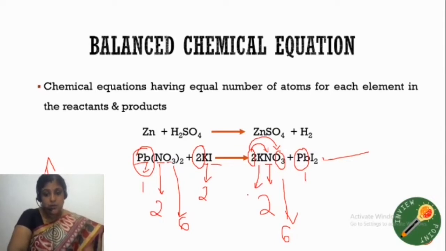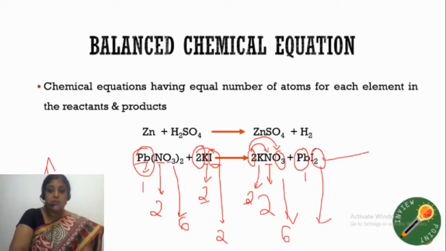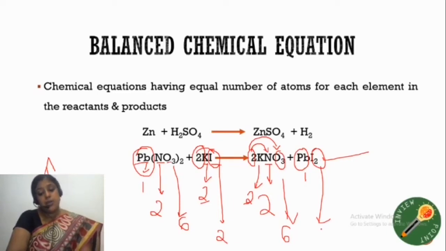So it is equal: there are 2 potassium atoms each in the reactant side as well as in the product side. For iodine it is again 2I, so the number of iodine atoms is 2, and in the product side it is I2, so the number of iodine atoms in the product side is also 2.